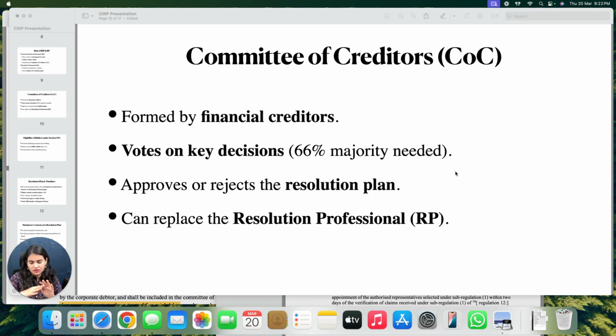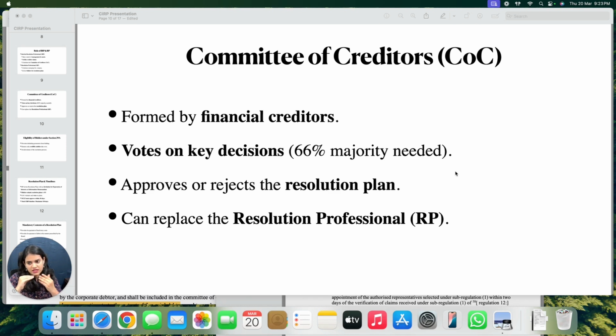But their absence, or their not being invited for some reason, does not invalidate any of the decisions taken in the COC meeting.